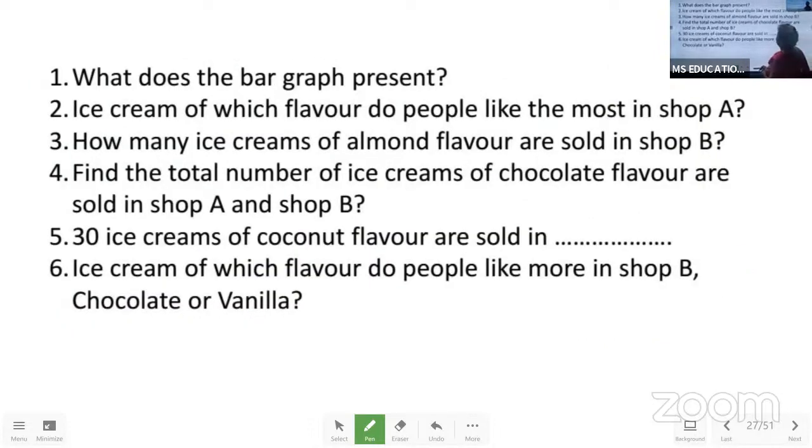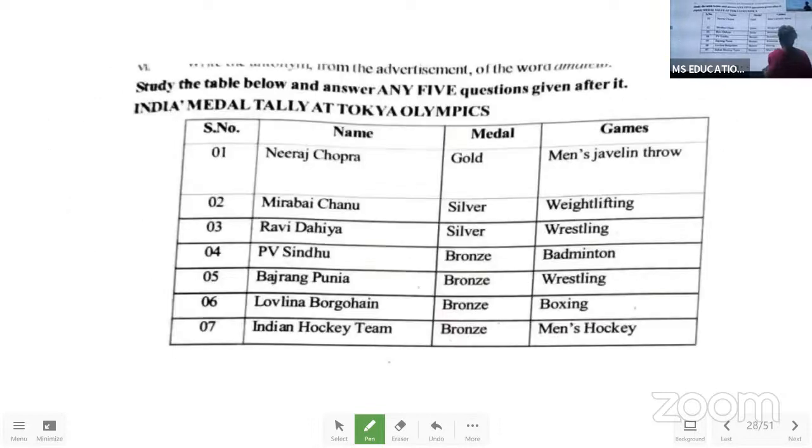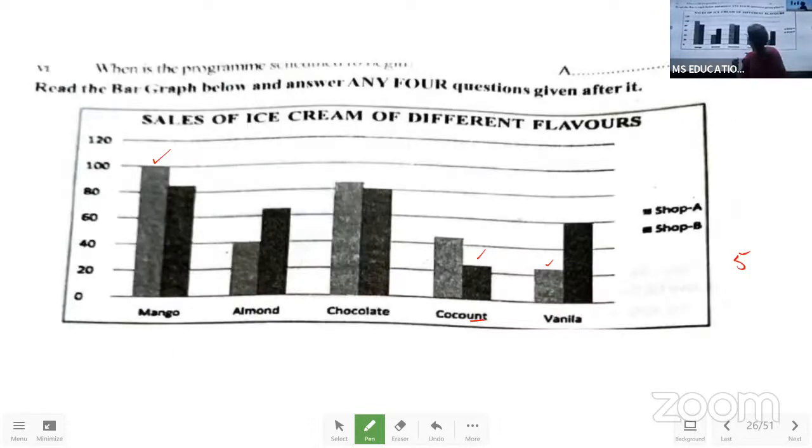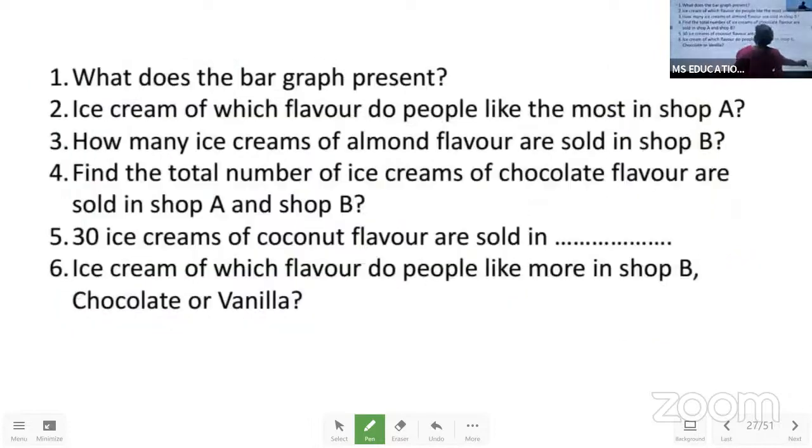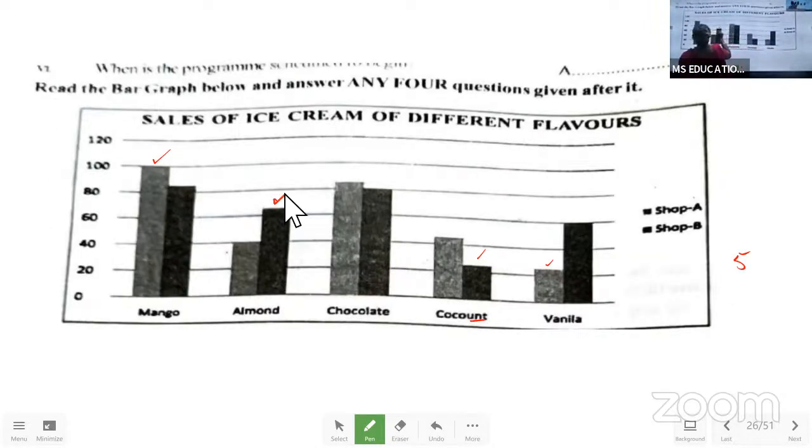Next, how many ice creams of almond flavor are sold in shop B? Shop B, about 62. This line says 60, 65 will be somewhere here. So round about 62 you can say.